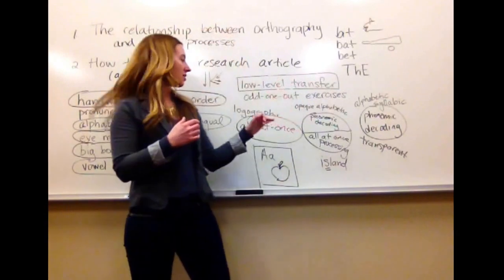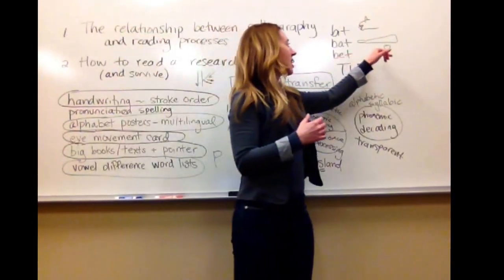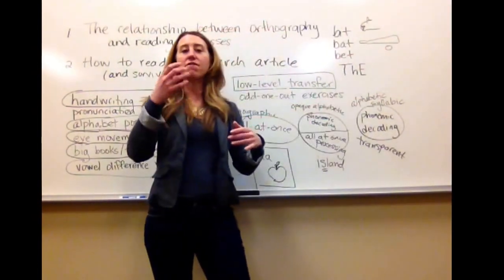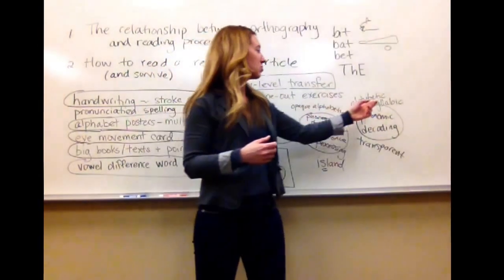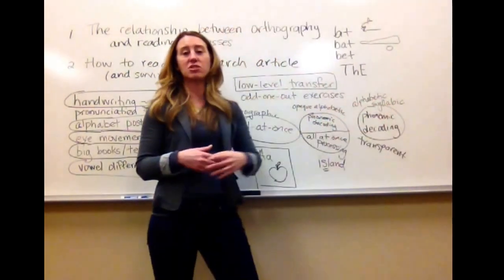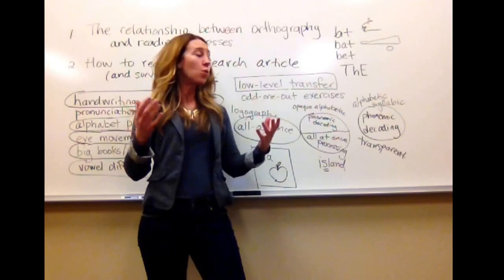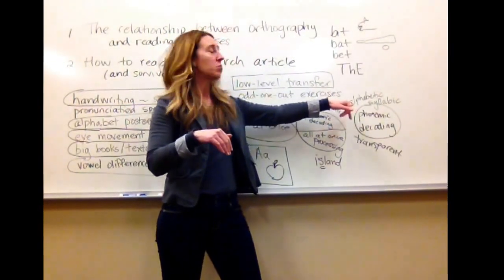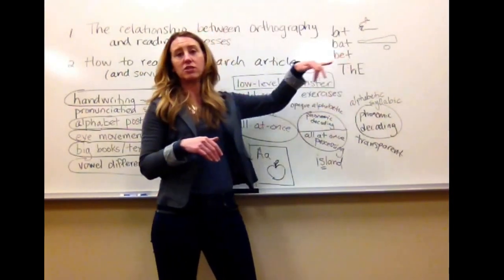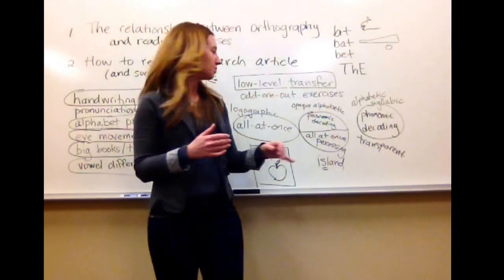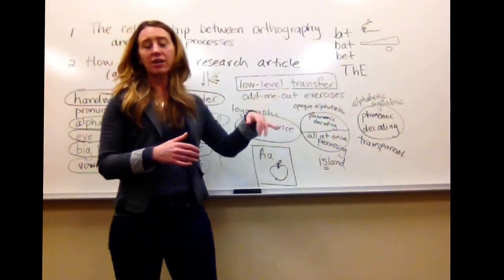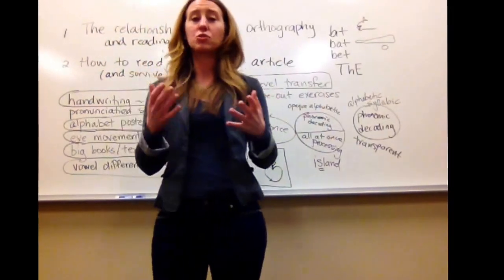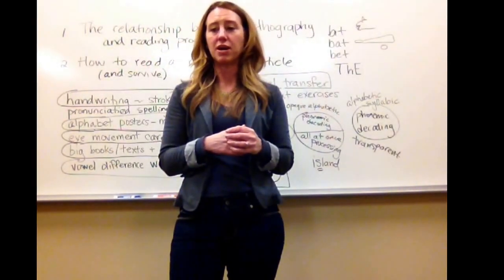And they're using that all-at-once processing to actually notice a vowel in the middle of the word, which would be great for those students coming from syllabic languages as well. Or an alphabetic language, if it shares the English alphabet, but maybe the vowels work very differently, okay? So, odd one out exercises are another great tool for you to keep in your toolbox.